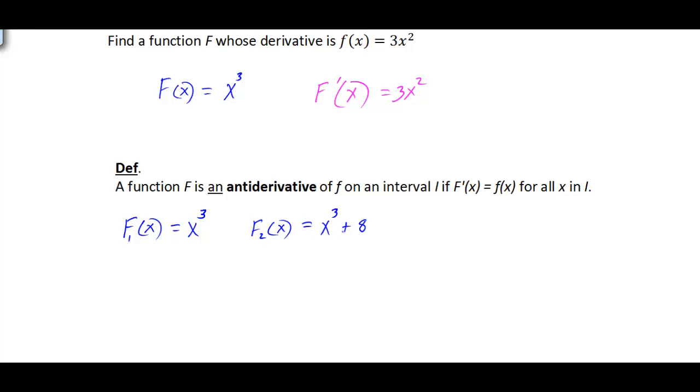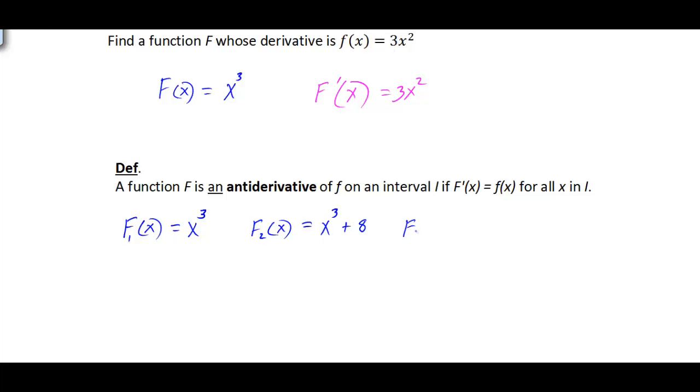Well, what do you get if you take the derivative here? The derivative of x cubed is 3x squared, and then the derivative of 8 is 0. So with x cubed plus 8, we still end up with the same function, 3x squared.